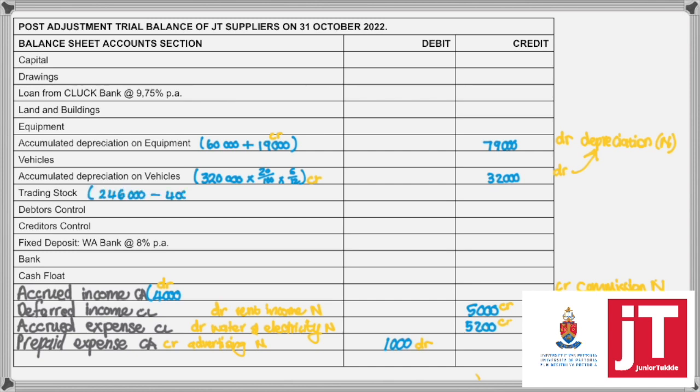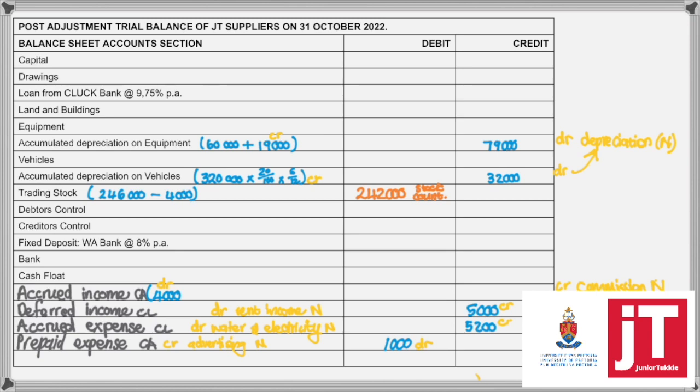And then we had the trading stock count. So now with trading stock, the stock count amount, the 242,000, should be the new value of your new book value, because your books must match the physical stock count. So you always take the stock count amount and make it the trading stock balance.